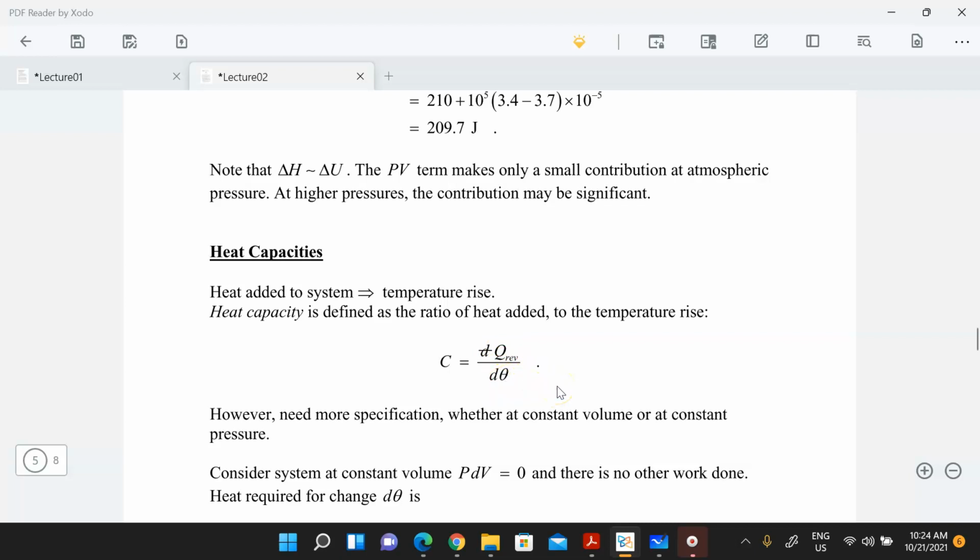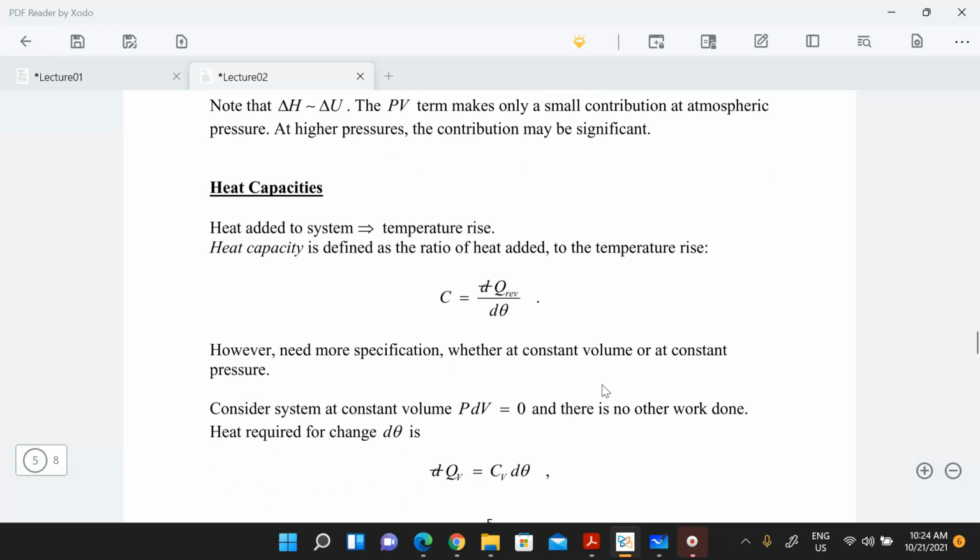Again, one really has to be careful about the meaning of this. Remember that there are two possibilities over here: you can calculate this at constant volume, or you can do this at constant pressure, and they give different answers.